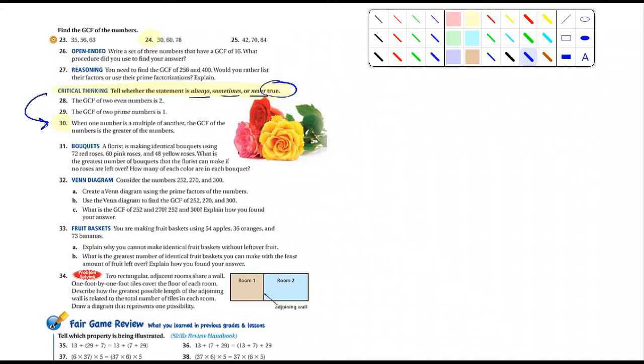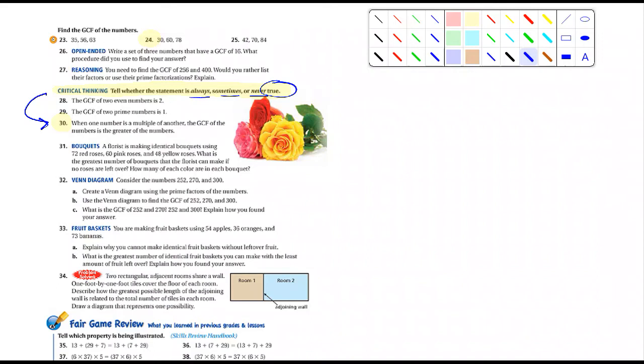Number 32. Venn diagram. Consider the... Oh, and I can't remember who it was. Somebody was asking me to draw a Venn diagram. We talked about that very early on in 1.5. It's a way to determine what factors are common between two numbers.